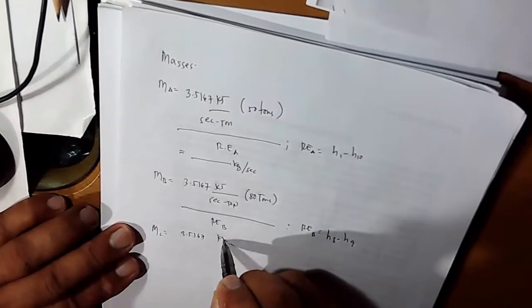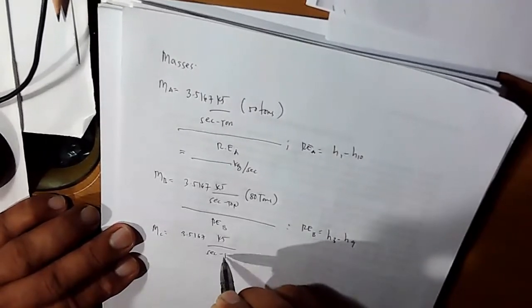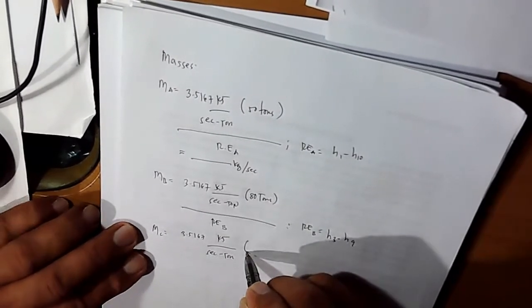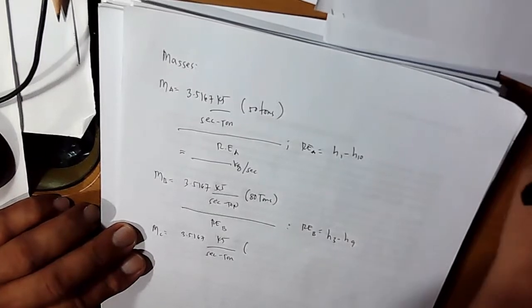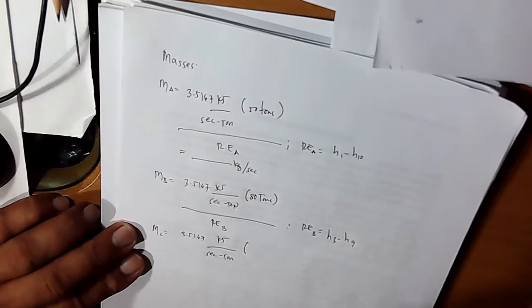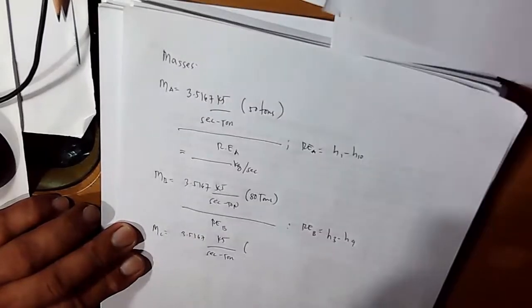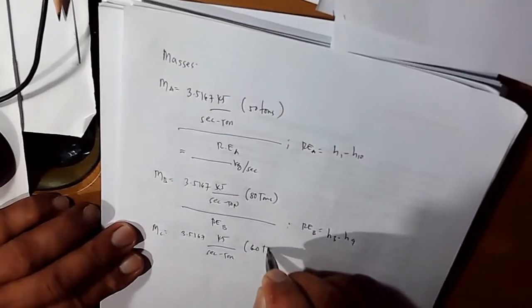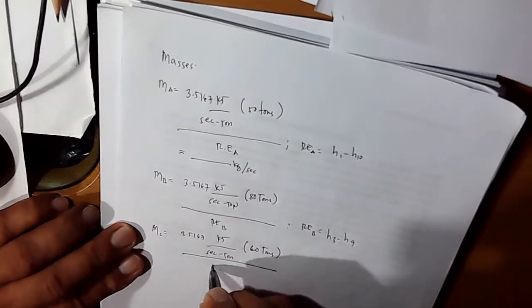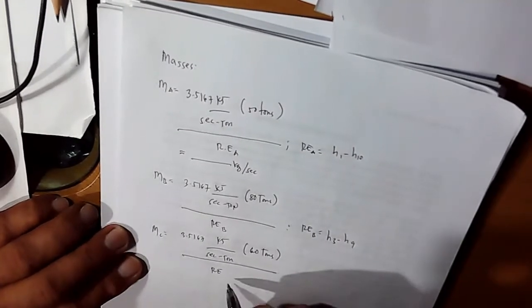Okay. Then C, 3.5167 kilojoules per second per ton. At C we have 60 tons over REC.